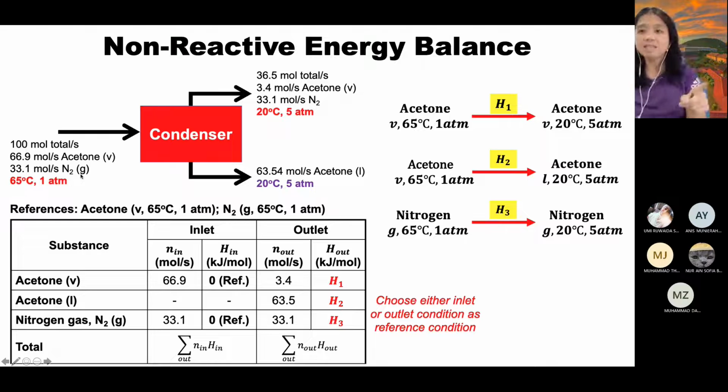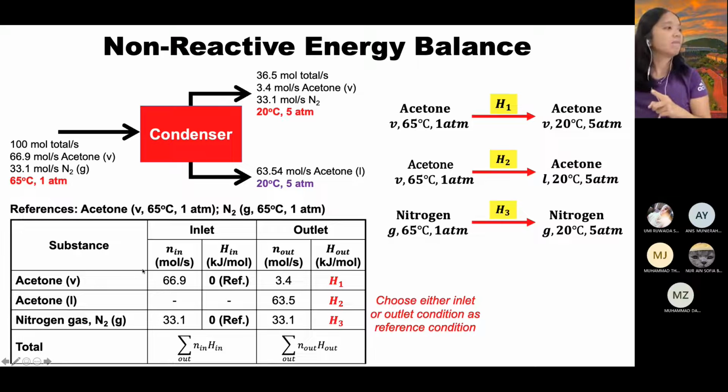Saya pilih gas, 65 Celsius, 1 atm. Setiap satu compound reference condition kena lengkap. Okay, katakan kamu dah pilih. Okay, now you do the table, right? So, table dia kamu kena tengok. Setiap compound tu kalau dia wujud in 2 different phase or 3 different phase, setiap satu ada row dia sendiri. For example, in this case, acetone exists as vapor, acetone also exists as liquid.